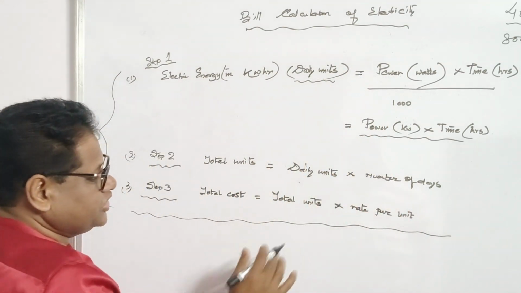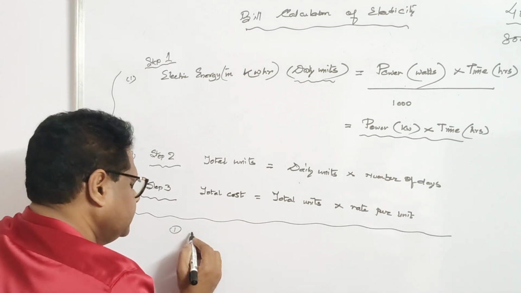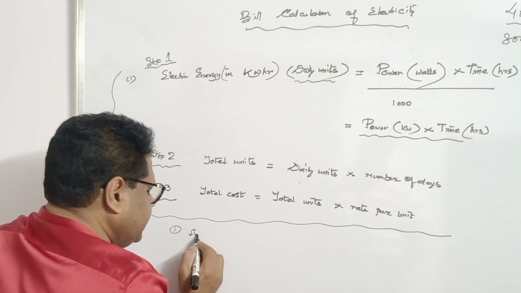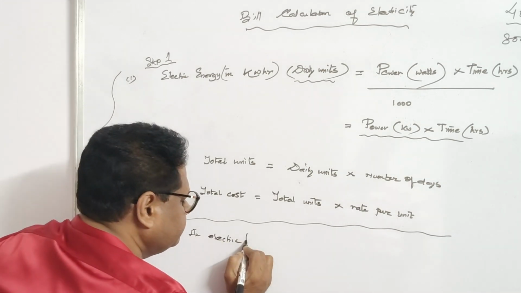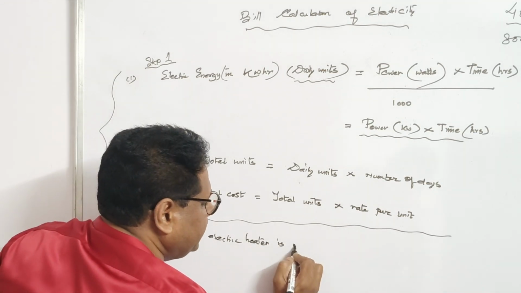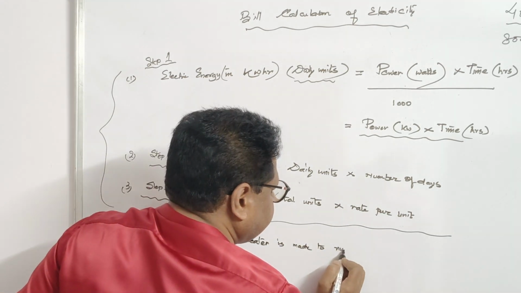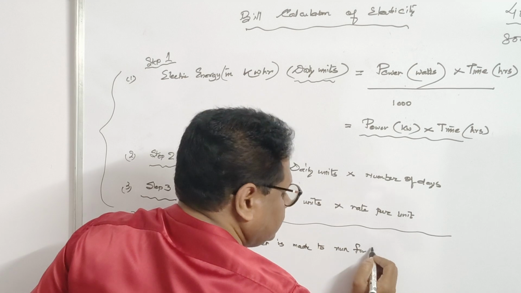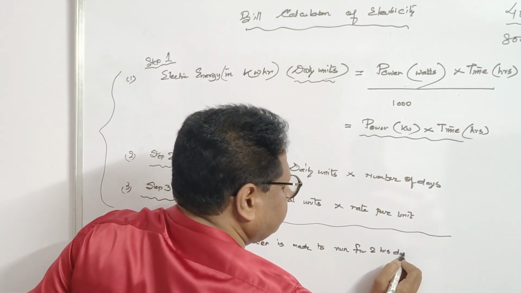See how the application is made. Okay. Suppose we have an electric heater that is made to run for 2 hours daily.